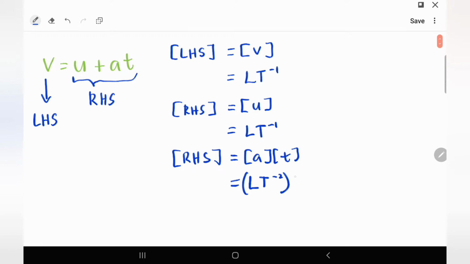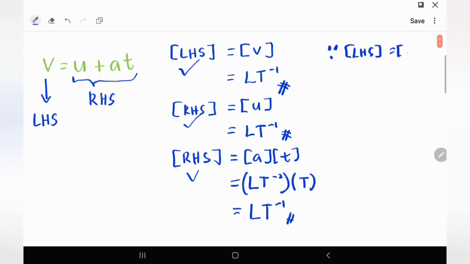So the dimension of time is capital T. So LT to the power of negative 2 multiplied by T gives you LT negative 1 again. Okay, seems like they are equal to each other. So the dimension at the left hand side equals the dimension for the right hand side. So as conclusion, the dimension at the left hand side equals the dimension at the right hand side.